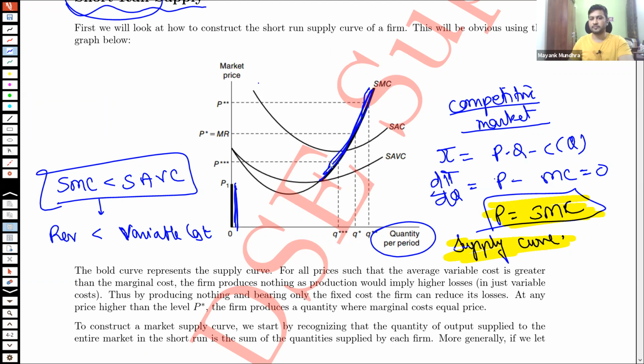Is this clear? Till P1, which is the shutdown price, this firm produces nothing. As soon as price goes higher than P1, there's a discontinuous jump to this quantity level Q1. So the supply curve is discontinuous at the shutdown price.